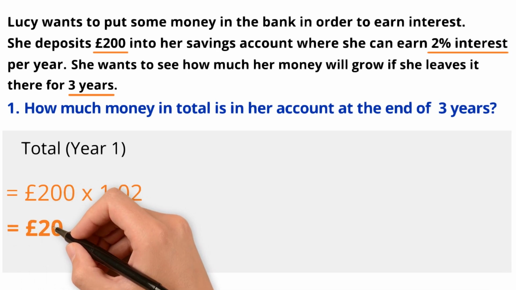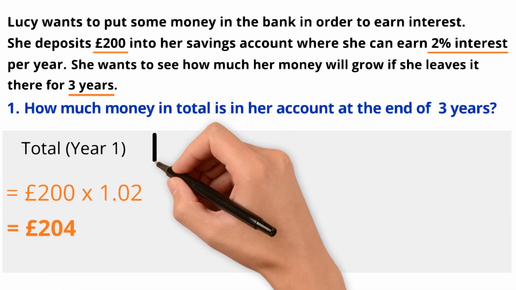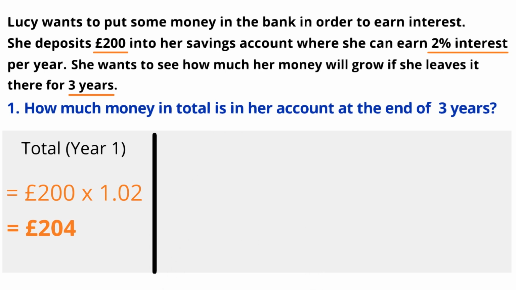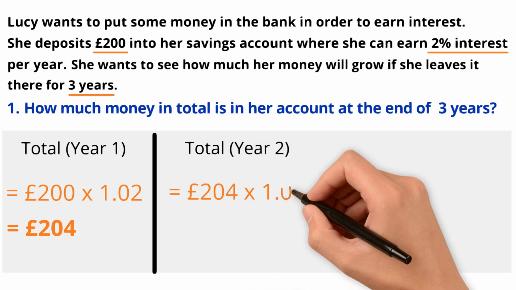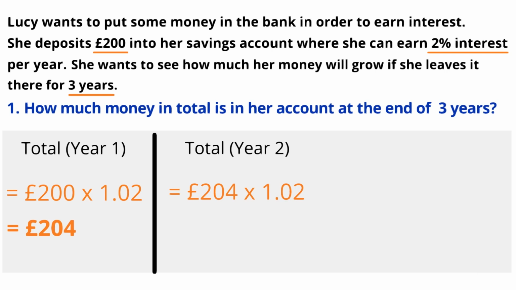the first year. As Lucy also earns interest in the second year, we need to repeat this process, but instead of timesing the multiplier by £200, we need to multiply by £204, as this is the new amount in her account after earning interest in the first year.